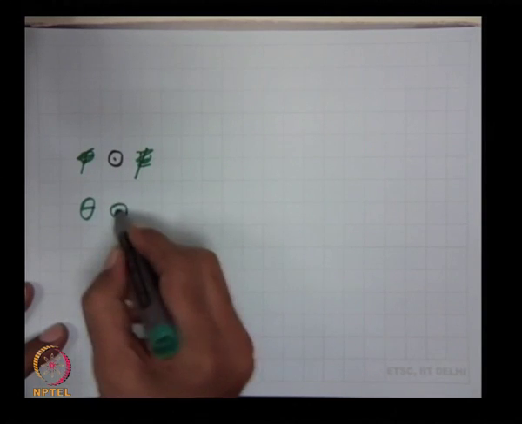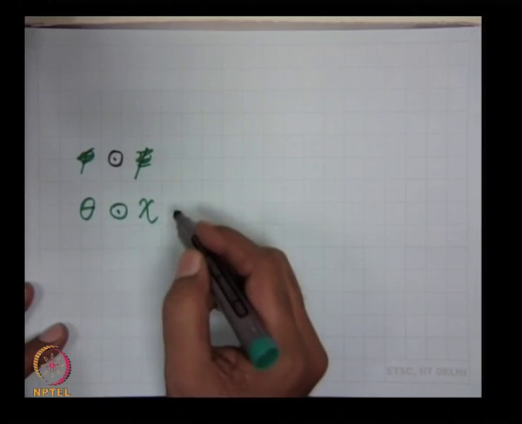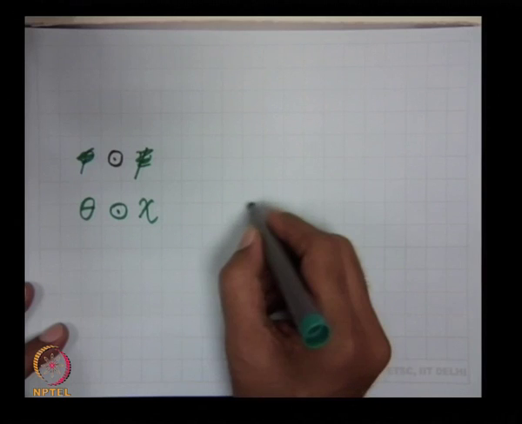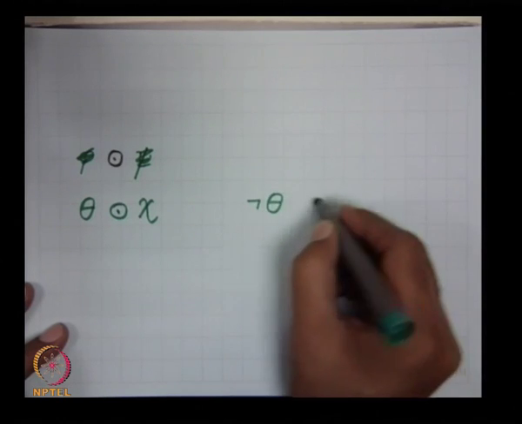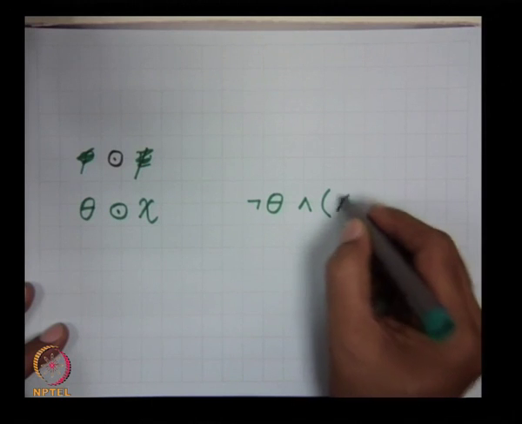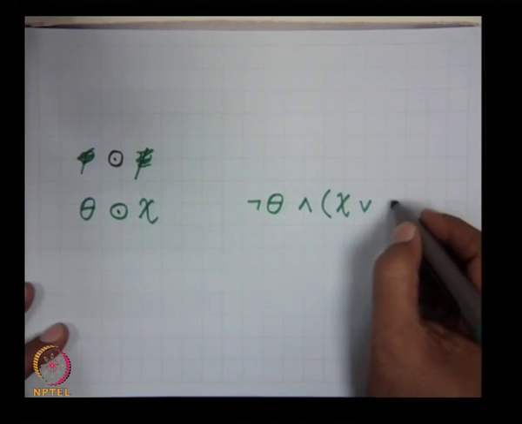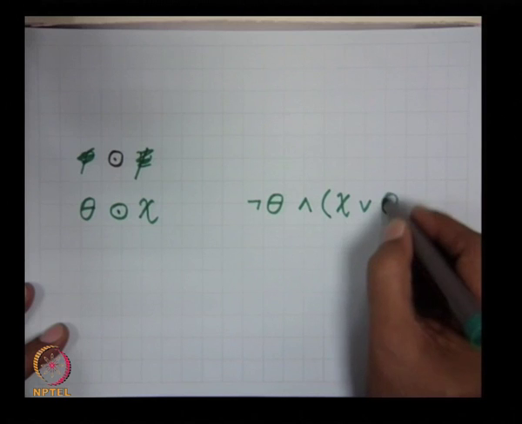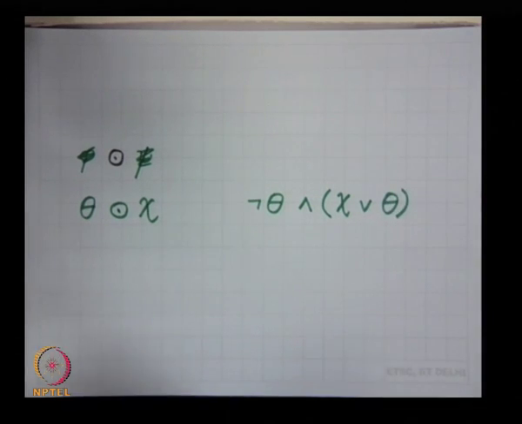If I define a new operator on theta and chi, let's say as not of theta and or of chi or theta, for example, I can define some new complicated operator.